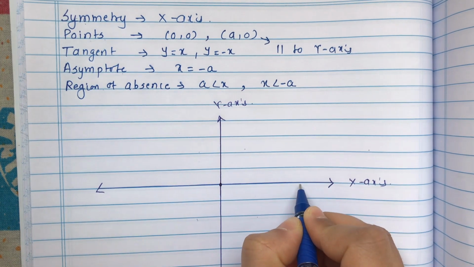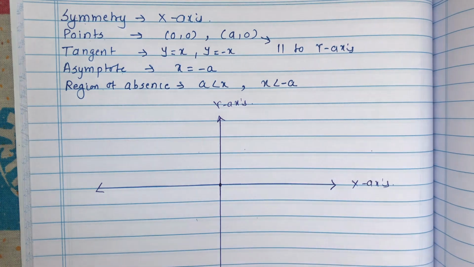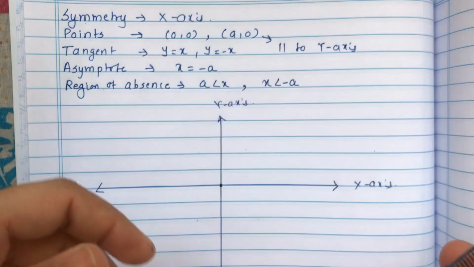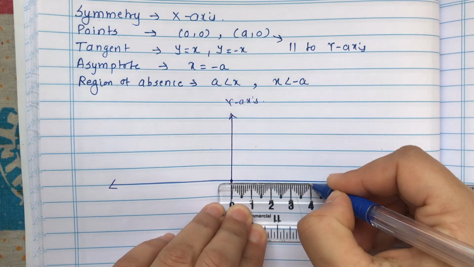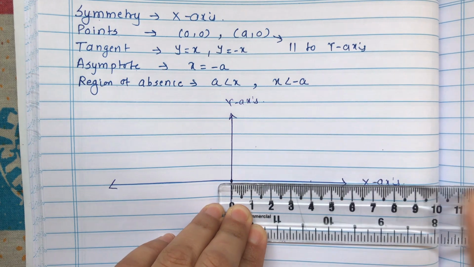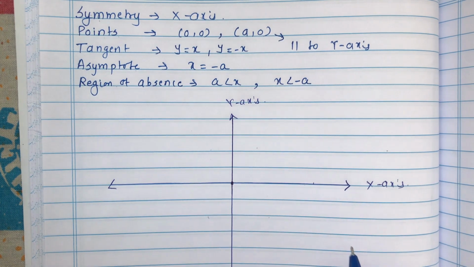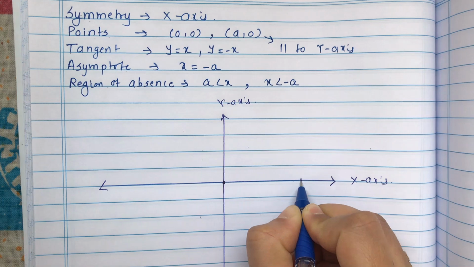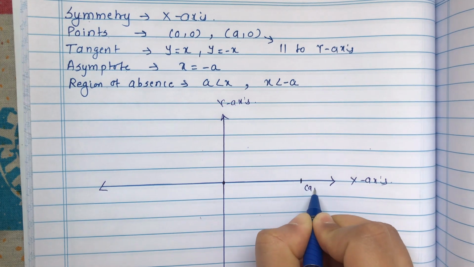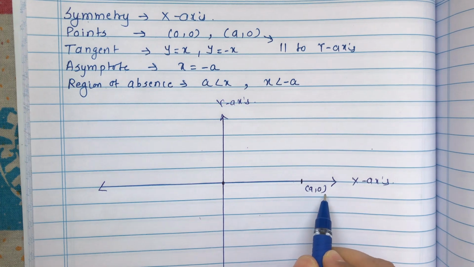Then the next point is a 0. I will take some fixed distance, suppose 4 centimeters. Don't take it arbitrarily, I will tell you why afterwards. So I will plot this point a 0.